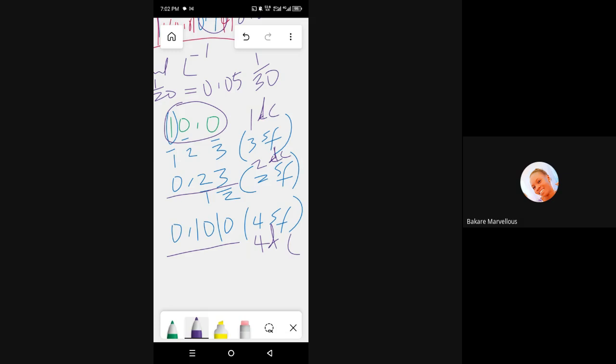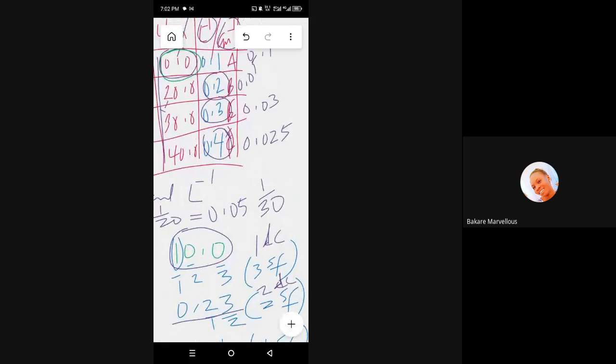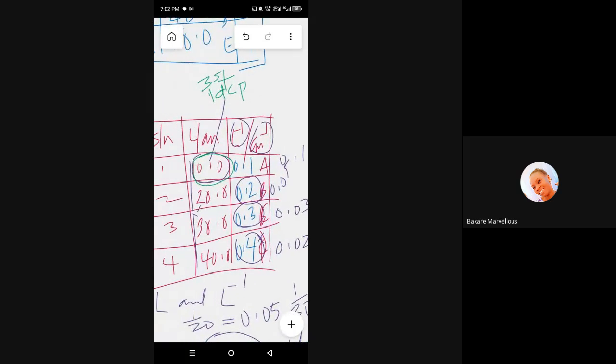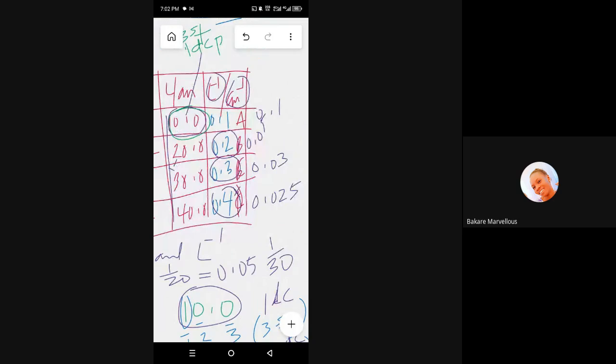Very good. Now, let's take that back to our table. For L inverse, this is how many decimal places? No, inverse for 10.0. Okay, 1. Sorry.